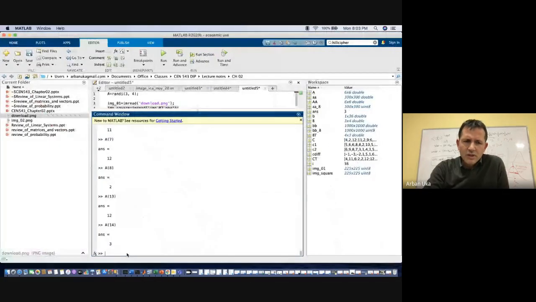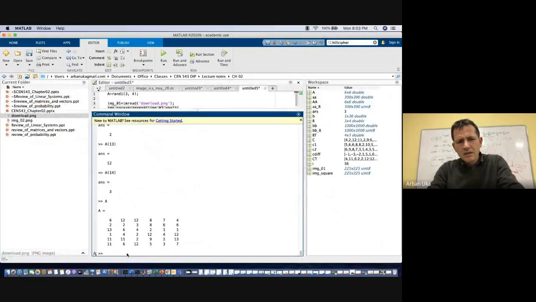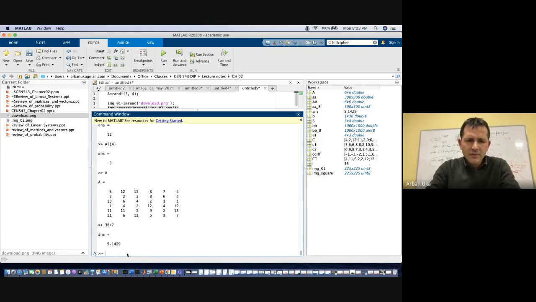We can also look at matrix A here. If we want to find, let's say, the 36th element, 36 divided by 7 is equal to 5, and the remainder is 1. In fact, here we should divide by 6, because we have 6 rows.